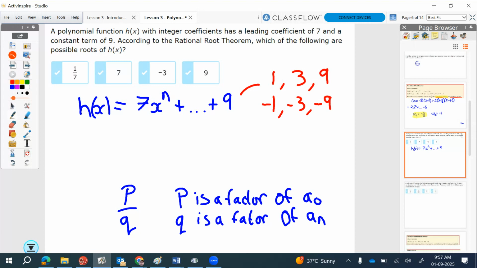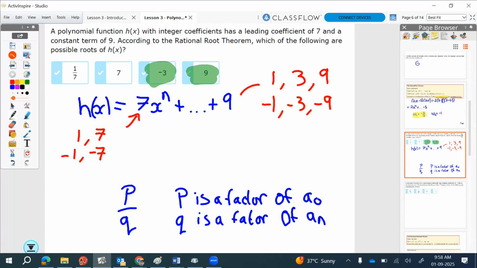Oh yeah, this is possible too, isn't it? Okay, so what are the factors of 7? 1 and 7. The factors of this are 1, 7, -1, -7.